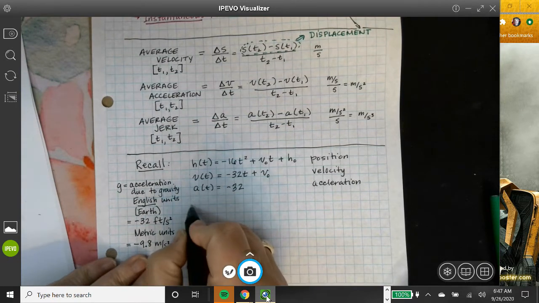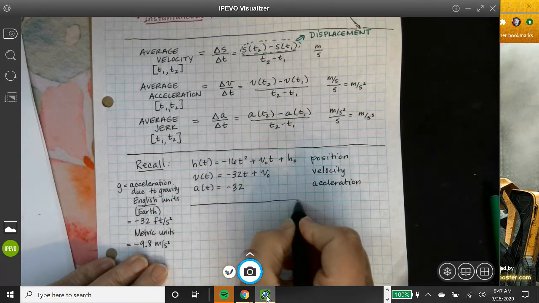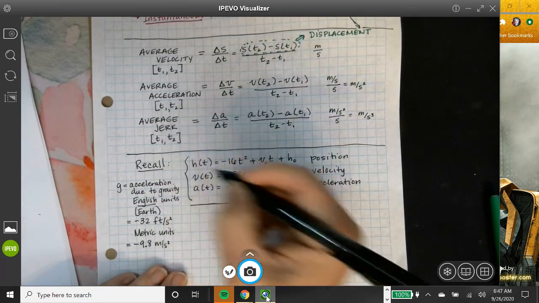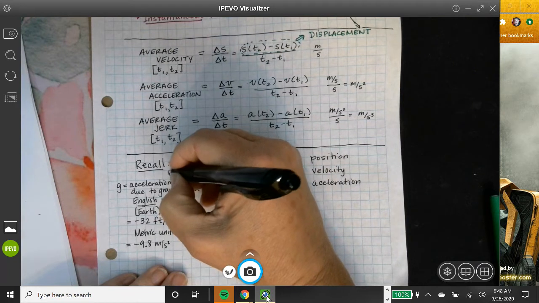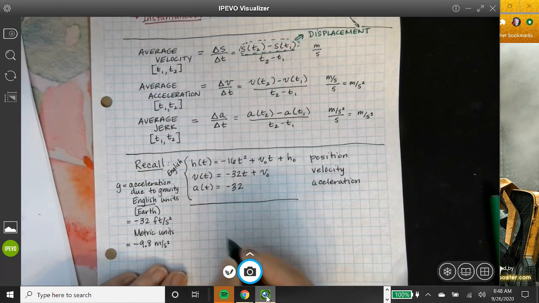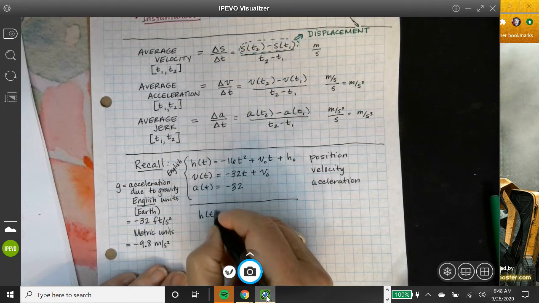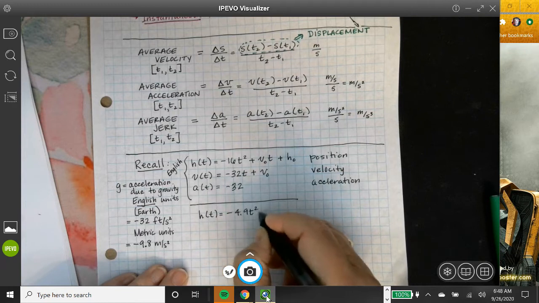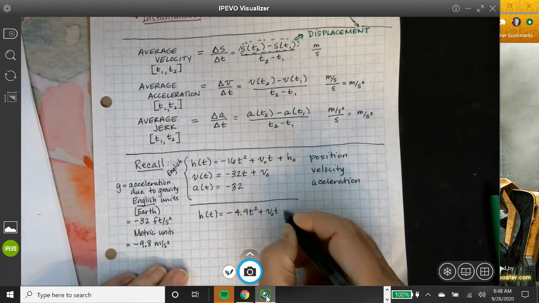Okay, so there's another set of equations here. This would be the English units. And let's do one for the metric units, okay? So h of t would equal negative 4.9 t squared plus v original times t plus h original.